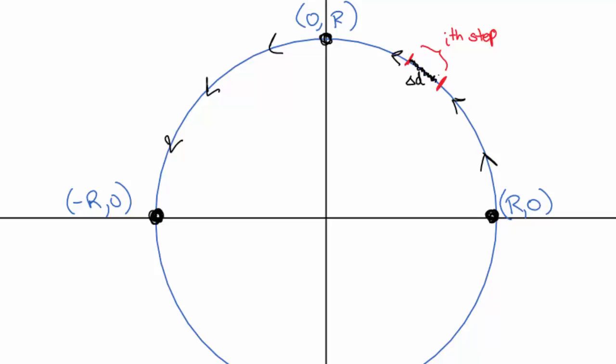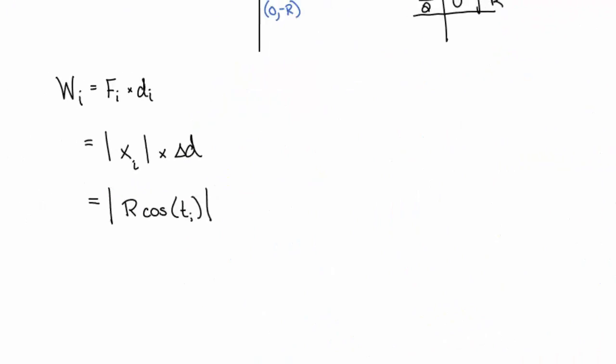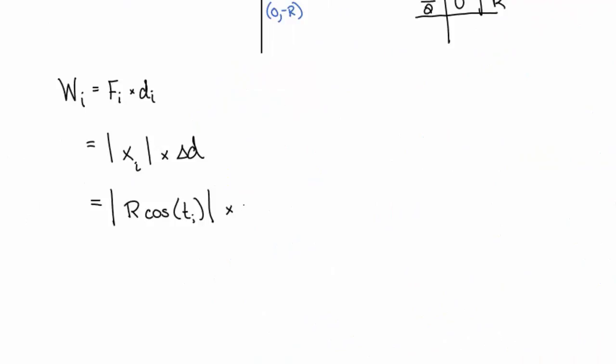So it might be time equals pi over 6, it might be pi over 3, or it could be pi over 7. We just don't know, okay? And then finally times a wiggle along the arc.